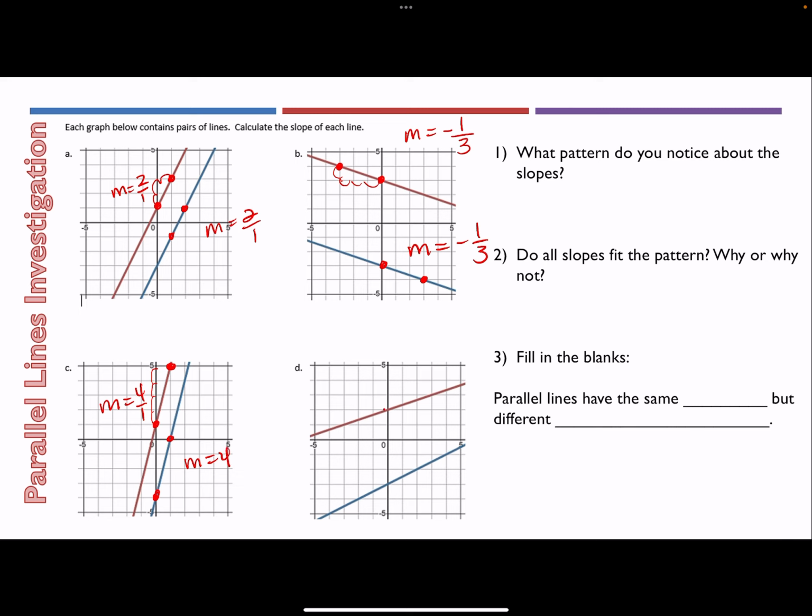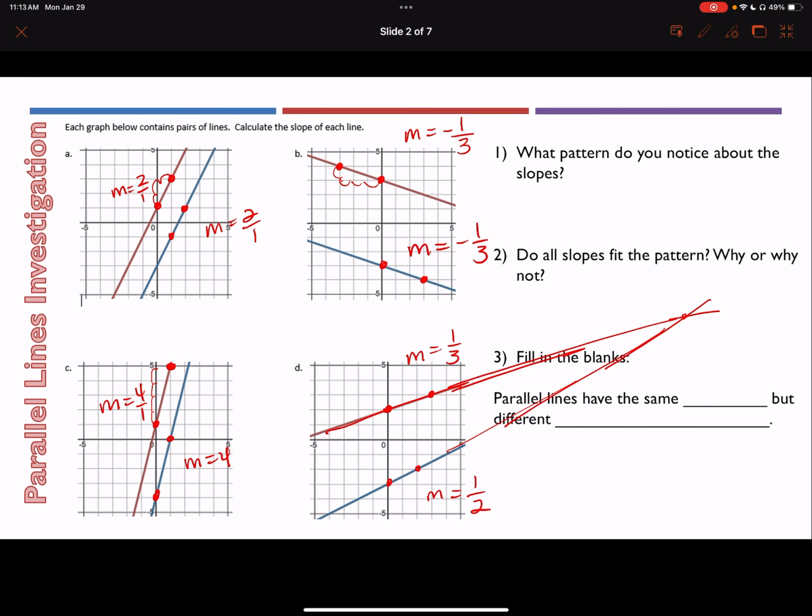Letter D, this slope is positive 1/3, but this slope here is positive 1/2. And if you look really carefully, these 2 lines in letter D are not really parallel. If I were to continue, these are going to kind of intersect at some point. Not for a while, but they do intersect.